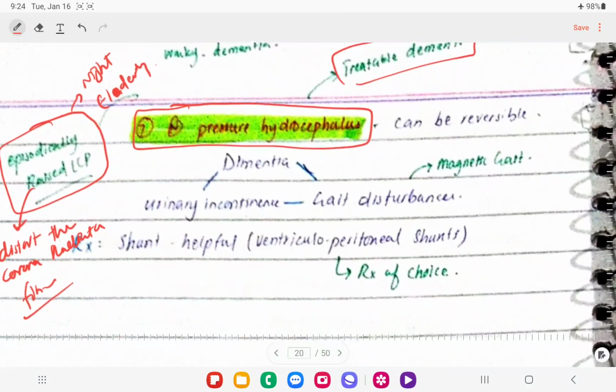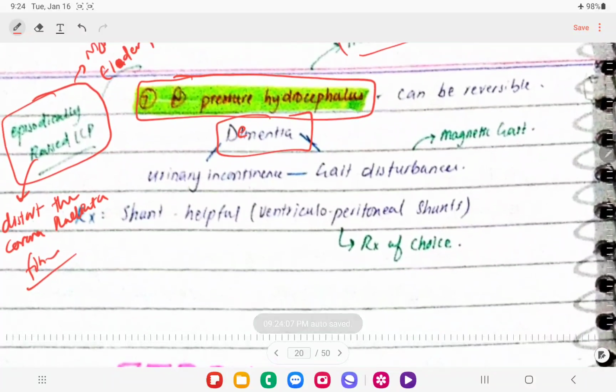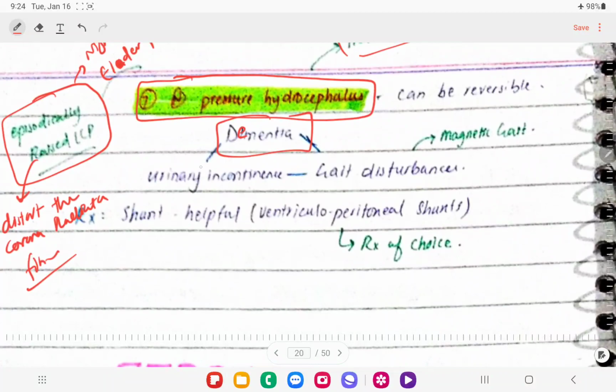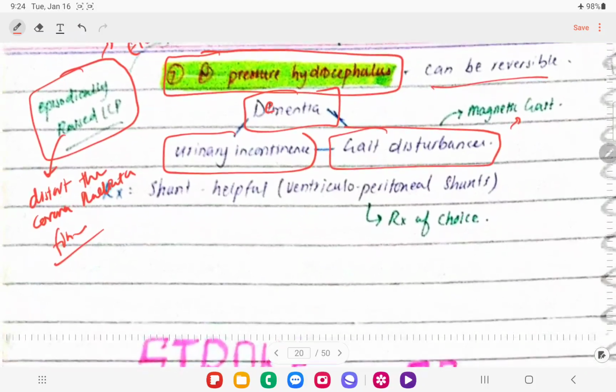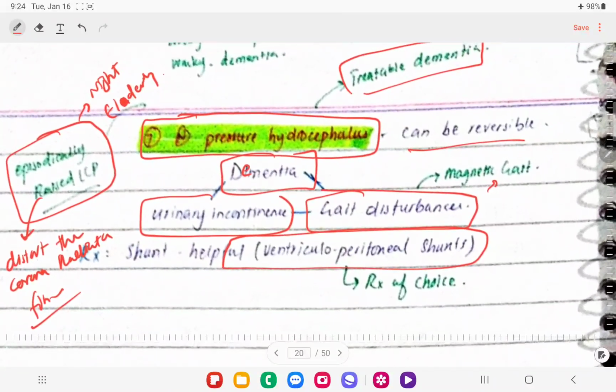The patient will be having dementia, urinary incontinence, and gait disturbances, and that is called magnetic gait, right? This can be reversible if we place a shunt in these patients, which is called a ventriculoperitoneal shunt. So this is the treatment for that.